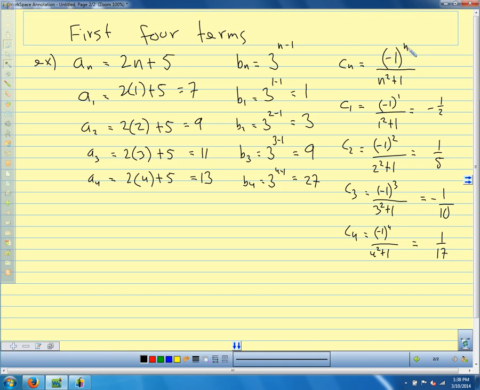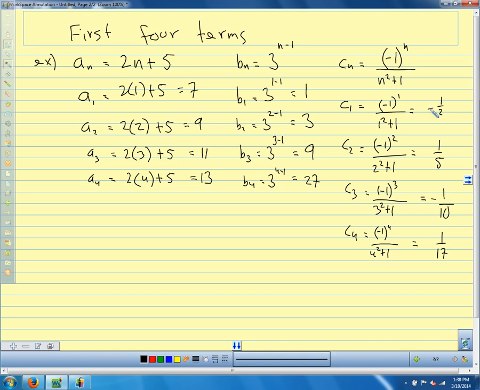Now thinking about what we just did with this minus 1 to the n, what if we wanted our first term to be positive and our sequence to alternate signs? How would we set that up? If we have minus 1 to the n, that made our first term negative. How can we get the term with n equals 1 to be positive?